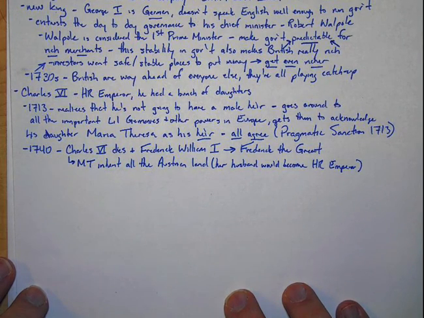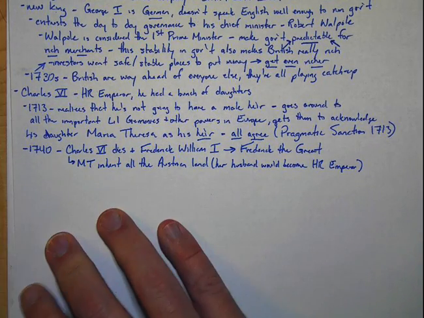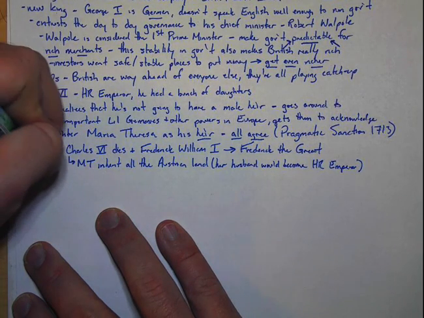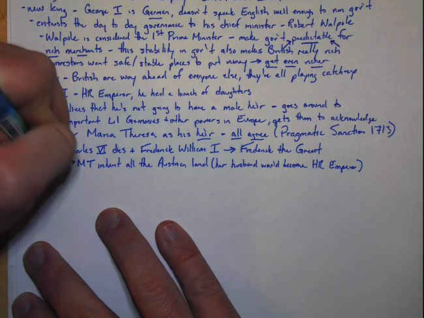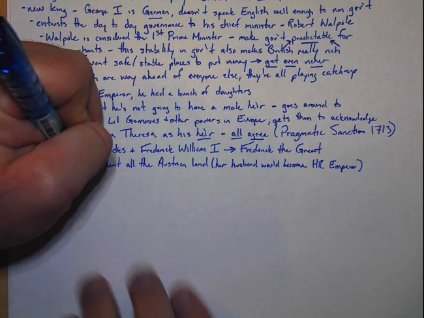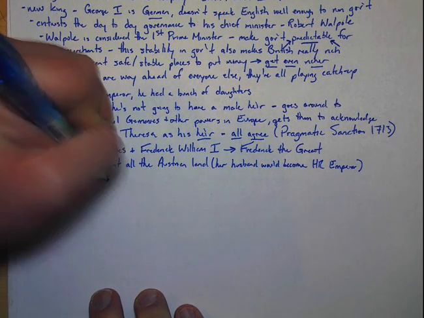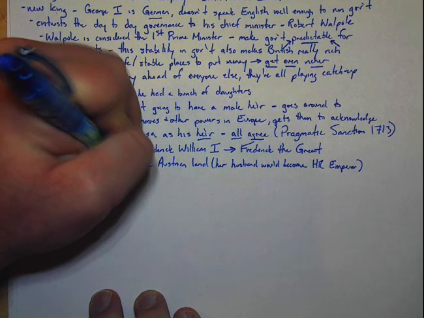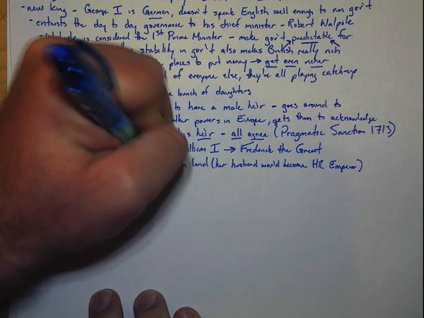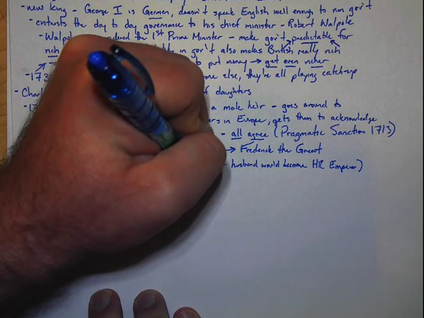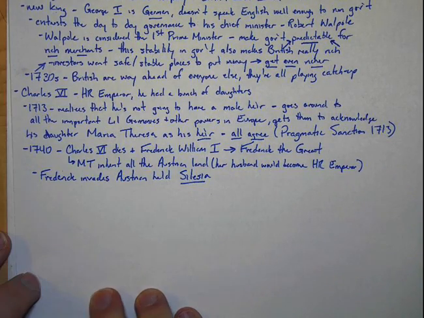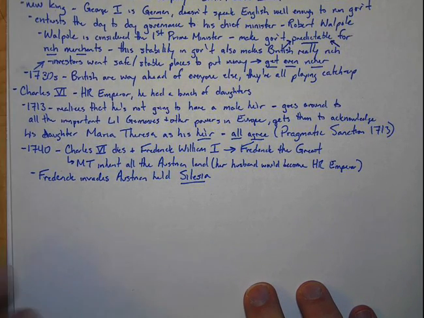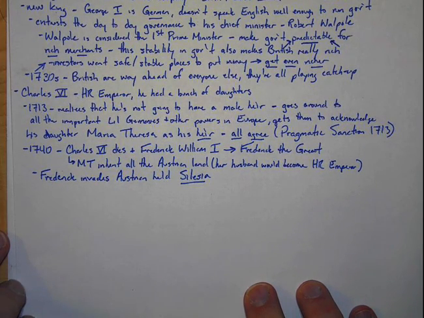But Frederick the Great didn't want to follow that plan. So almost immediately, Frederick invades Austrian-held Silesia. Silesia was a province of Austria, and Frederick wants it.